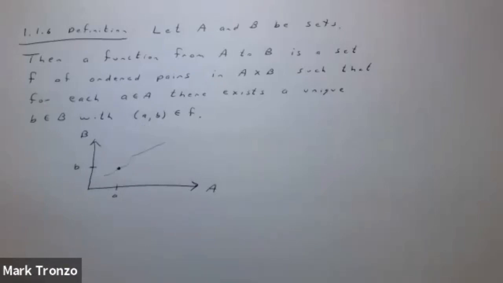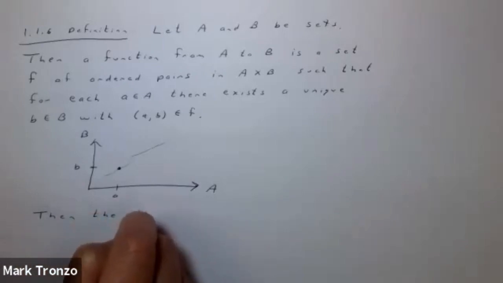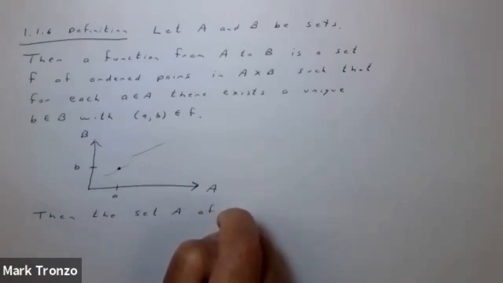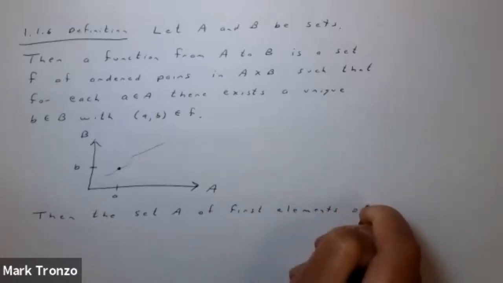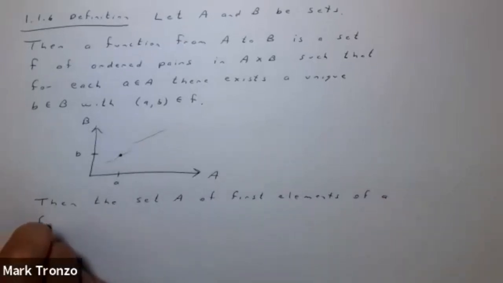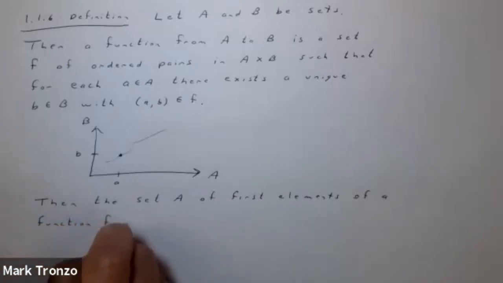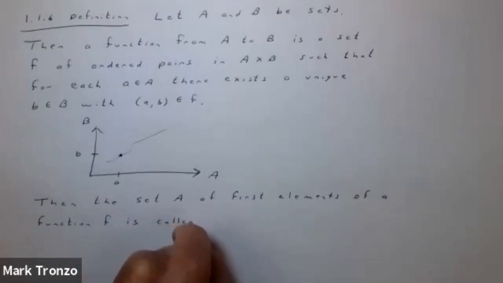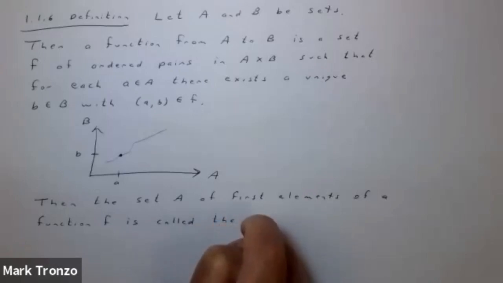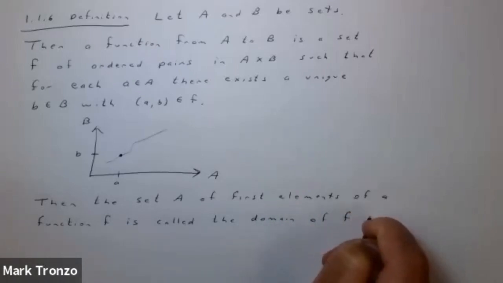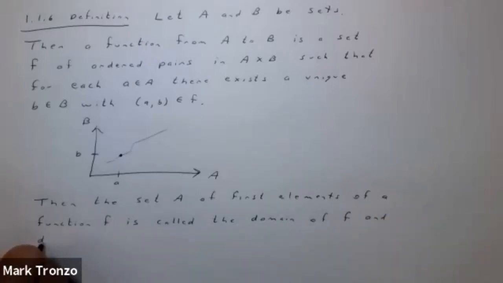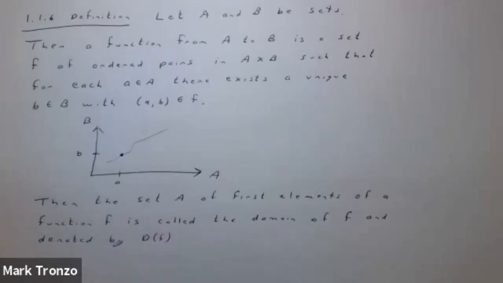And then, so once again, continuing with the book's definition, the set A of first elements of a function F is called the domain of F, and denoted by D of F. It's one way you can write it.